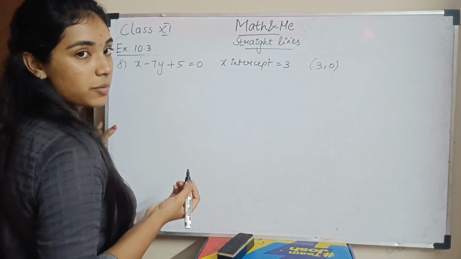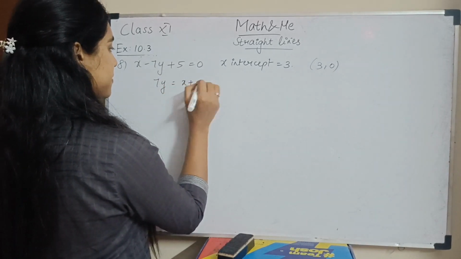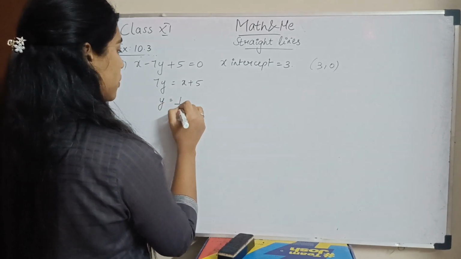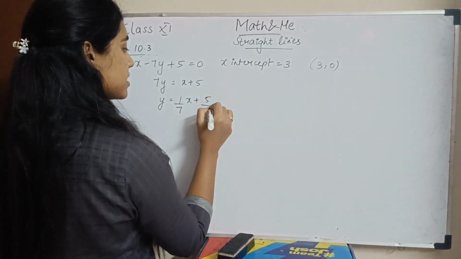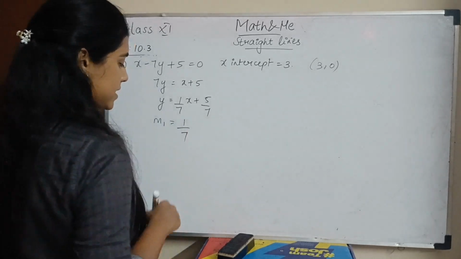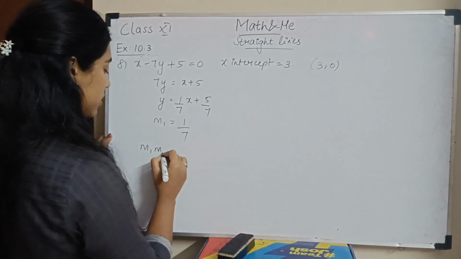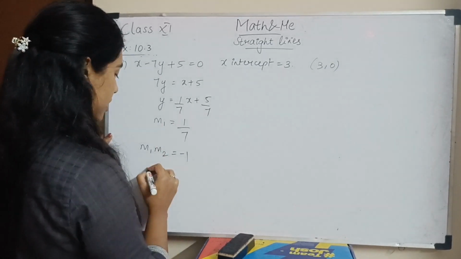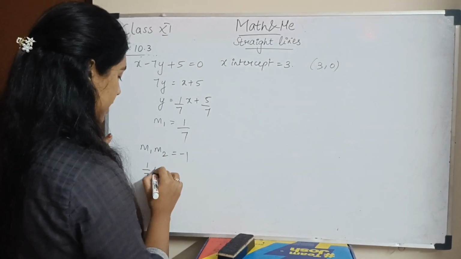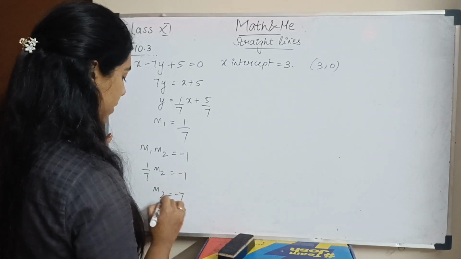So writing this in terms of y equals mx plus c, I have 7y equals x plus 5, y equals 1 by 7x plus 5 by 7. So my slope is 1 by 7. Since they say it's perpendicular, I have m1 m2 equals minus 1. So m1 times m2 is minus 1, m2 is minus 7.